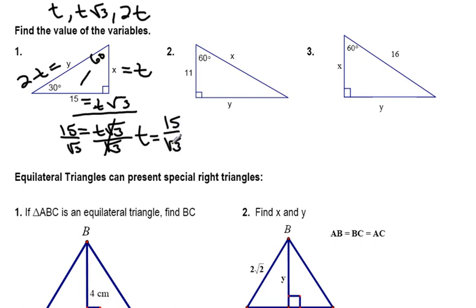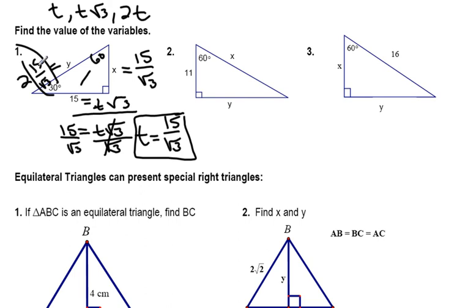And now our last step is everywhere we see a t, we're going to erase it and replace it with 15 over the square root of 3. So here's a t, I'm going to erase it and replace it with 15 over the square root of 3. And here's a t, so I erase it and replace it with 15 over the square root of 3.